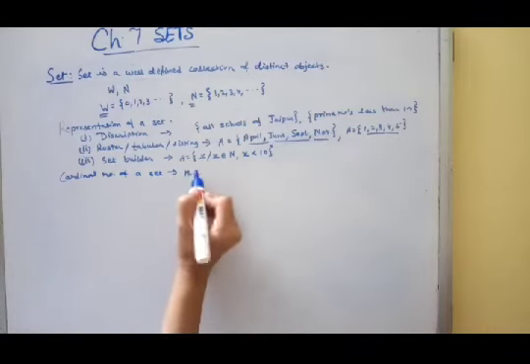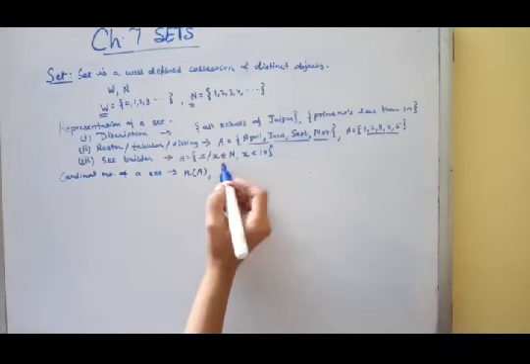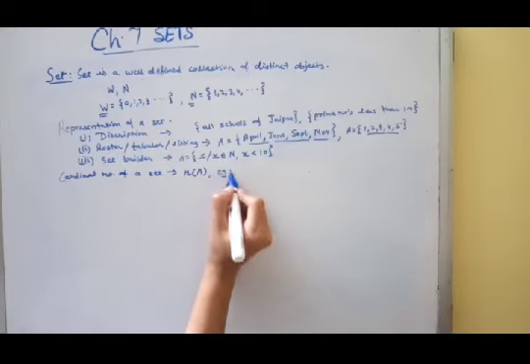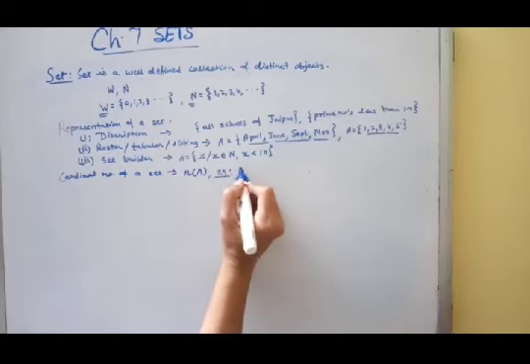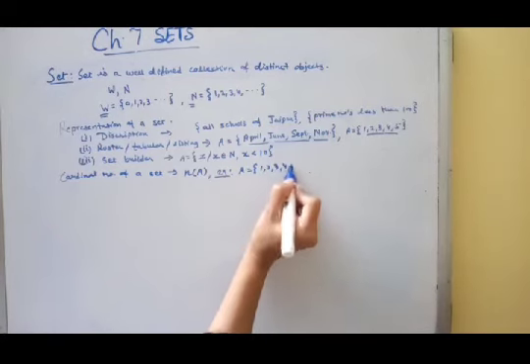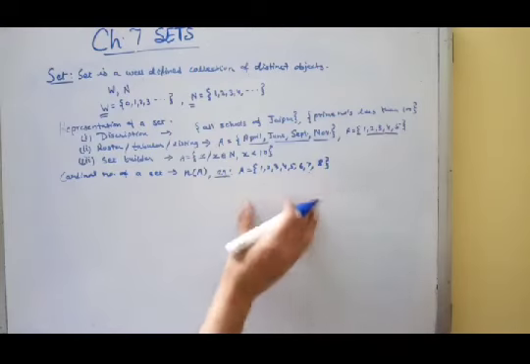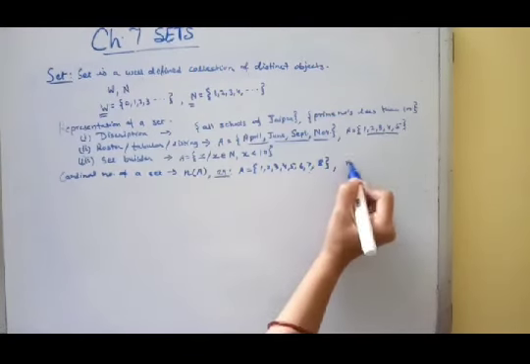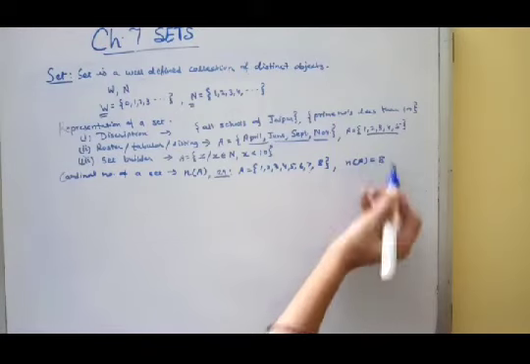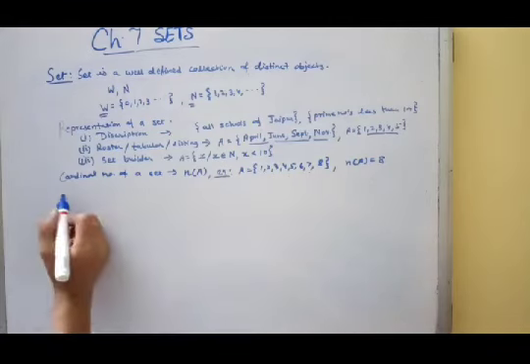Symbolically, for a set A we write the cardinal number of A. For example, if A equals 1, 2, 3, 4, 5, 6, 7, 8 elements, so the cardinal number of A is 8. Now this is all about the cardinal number of a set.